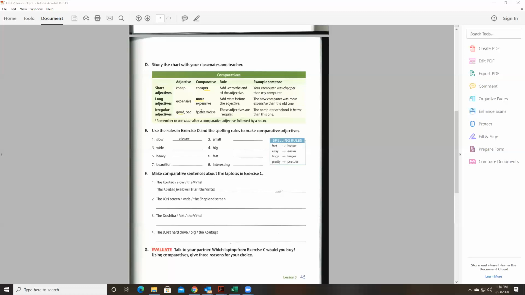So good is now better. Bad is worse. These adjectives are irregular. The computer at school is better than this one. Another important thing to remember is don't forget to add the word than after all the comparative adjectives. For example, than my computer, than the old one, than this new one.